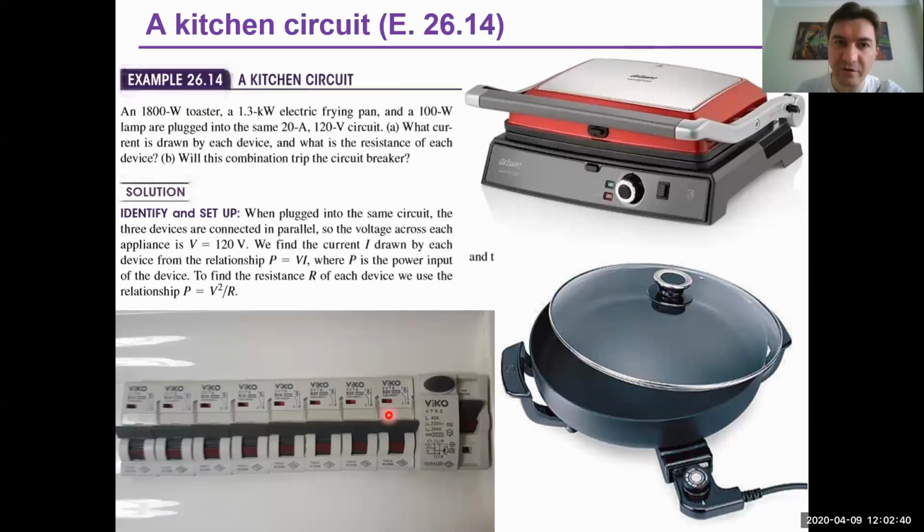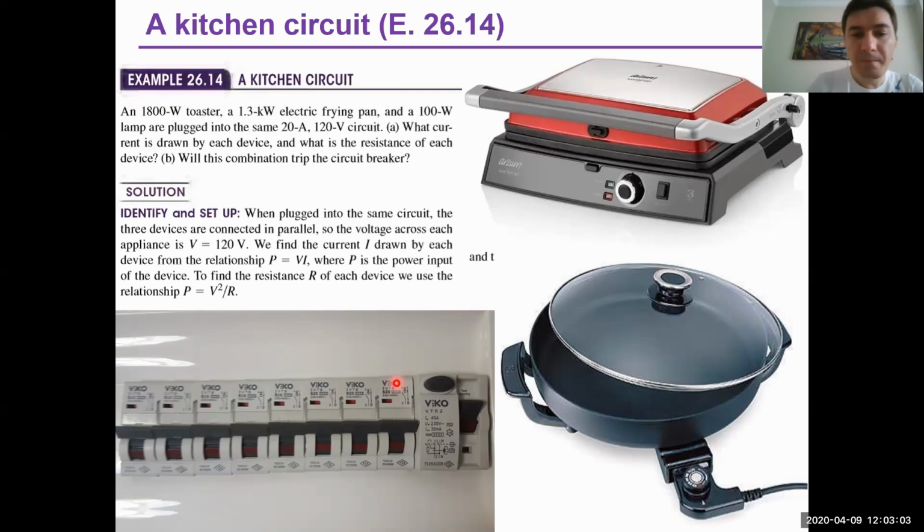Let's consider that this is the fuse that goes to the kitchen, and it allows 120 volt, and the maximum current allowed by this one is 20 amp. After 20 amp, this will be off. It will be tripped.